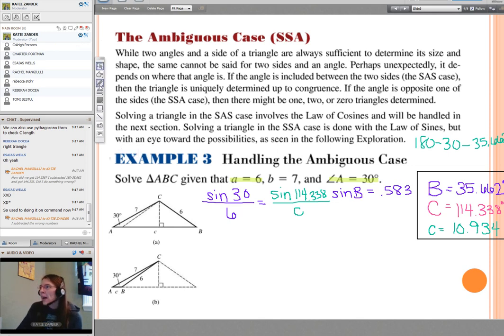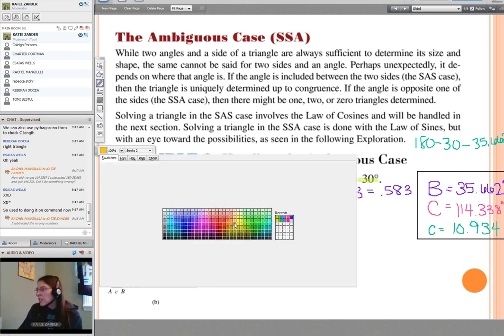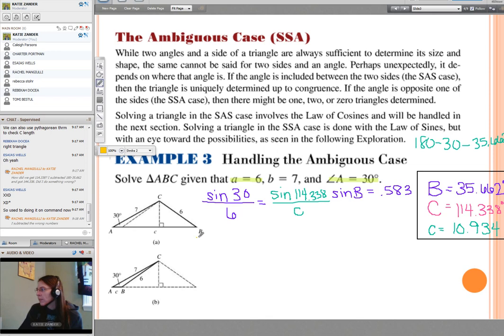All right, the other possibility, if we look down below, so we can see that first triangle that was created using 6, 7, and then this third side would be the 10.934. The other possibility might be this triangle right here. So originally we started with an acute triangle. What if this is an obtuse triangle? So instead of having angle B be 35.662, what if that was an obtuse measurement?